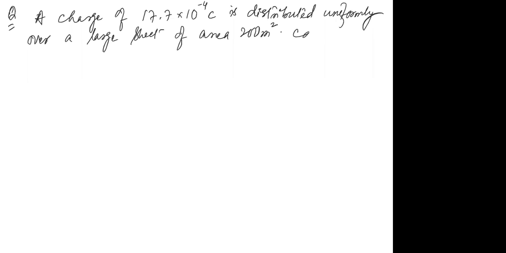Calculate electric field due to the sheet. You have a sheet whose area is given to you as 200 meter square, and the total charge that has been spread on this sheet is 17.7 into 10 to the power minus 4 coulomb. So what you are supposed to calculate is the value of electric field due to this charge sheet. Can you please solve this for me?